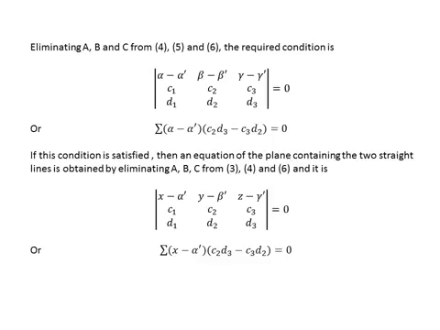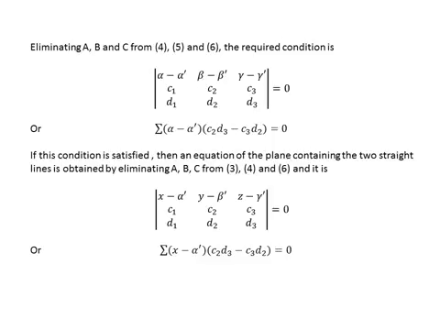Now eliminating the coefficients a, b and c from equations 4, 5 and 6, the required condition is in the form of the determinant with rows alpha minus alpha dash, beta minus beta dash, gamma minus gamma dash; c1, c2, c3; d1, d2, d3.